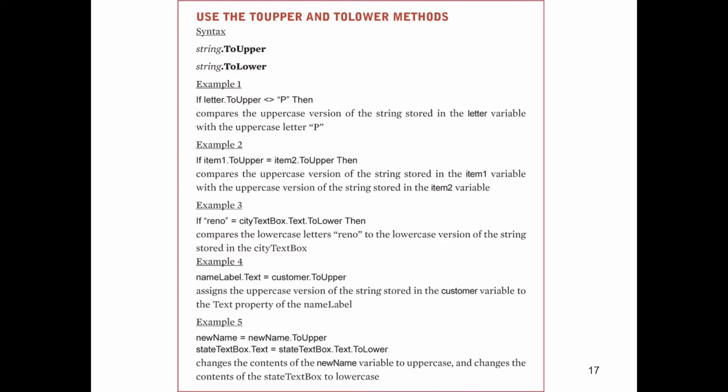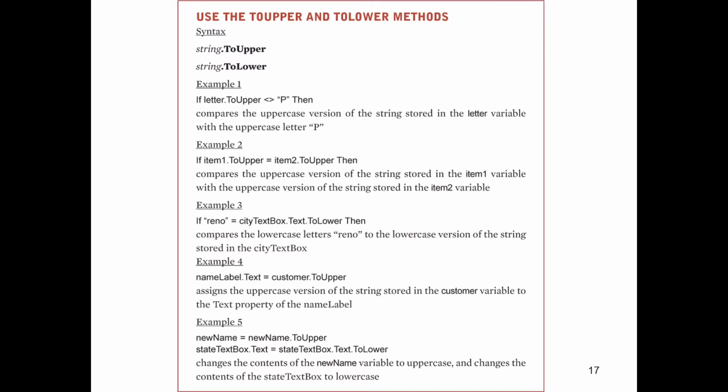So some examples are necessary to clarify. If you want to temporarily change whatever is in a string, compare it, and then have it be whatever it was before, then you can do the string, then dot, and then ToUpper. That temporarily changes it for your application. So example 1 is an illustration of that.